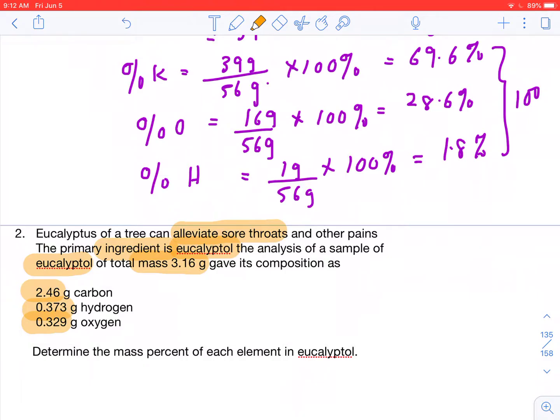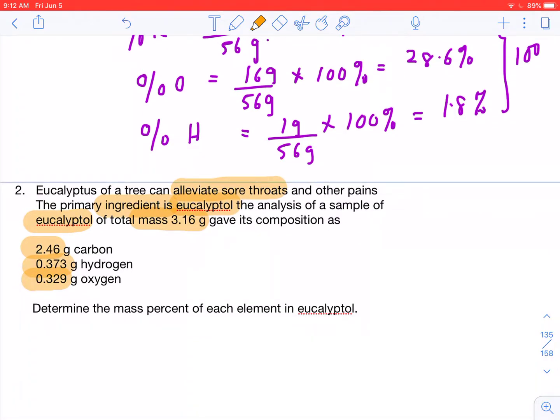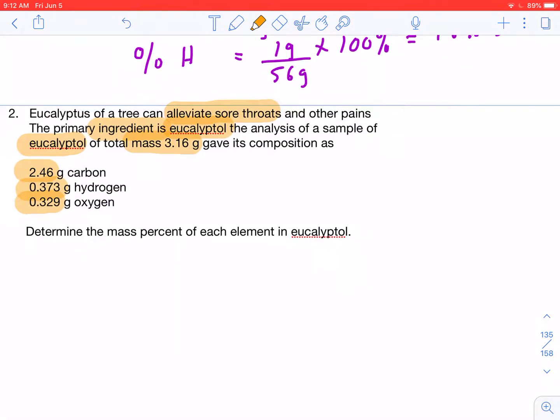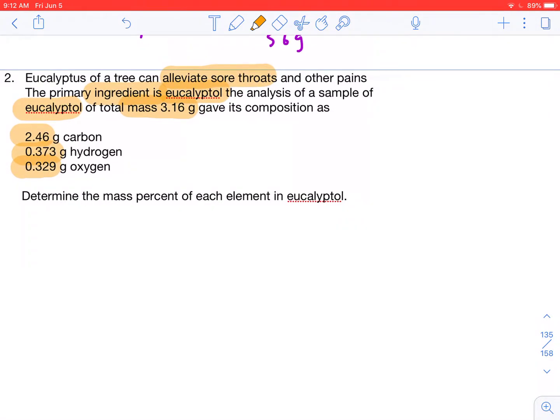So whether we had a 100-gram sample or 200-gram sample, we would get the same percentage composition, right? Which means now we know we've got 3.16 grams, but we want percentage of carbon.